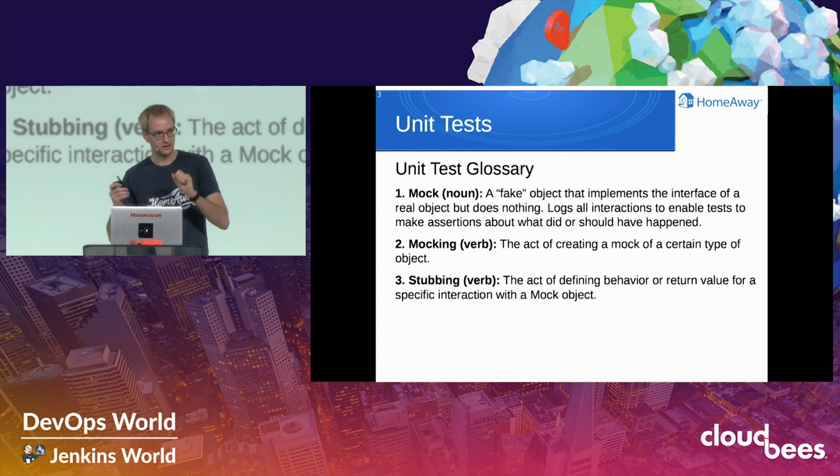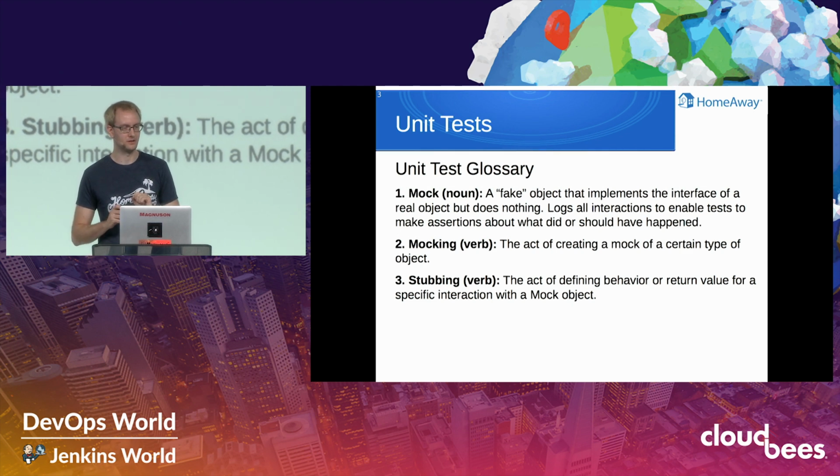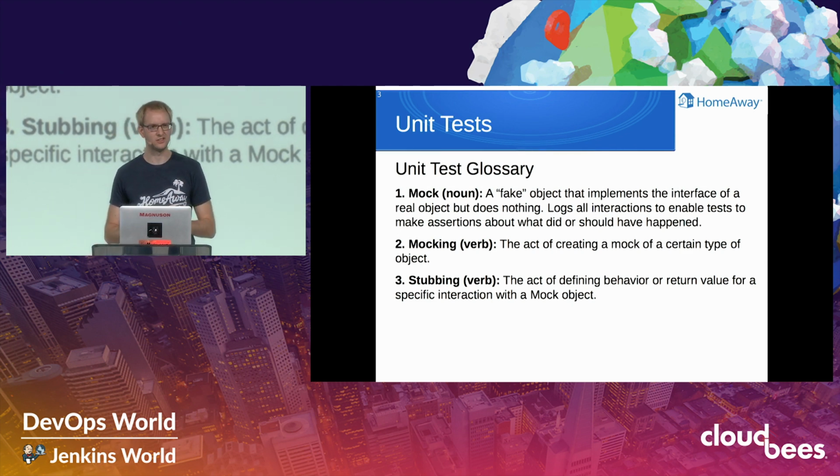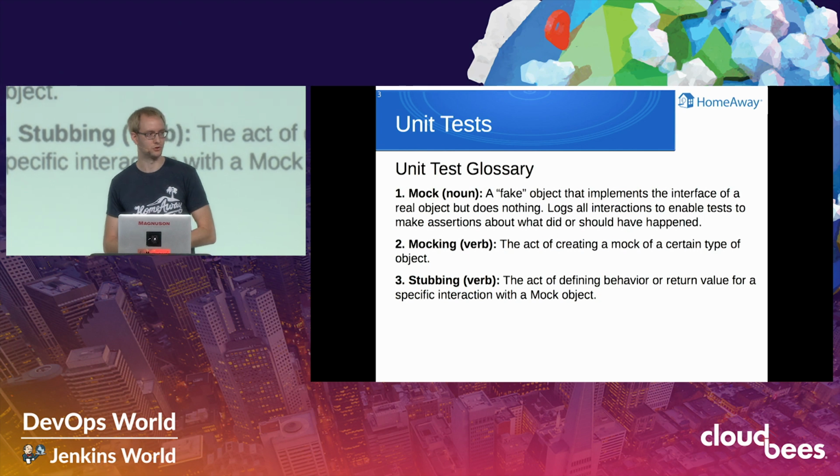And stubbing is when you need to specify some not-nothing behavior for a particular interaction with a mock. Maybe your code under test has some control flow, and it interacts with a mock object, and simply doing nothing causes an error. You may need to put some real behavior in there in order to explore every branch of your code that you're trying to test.